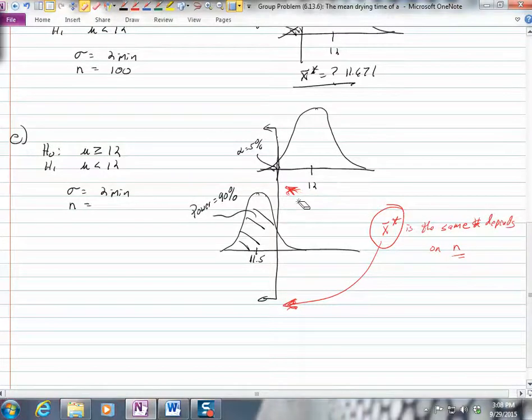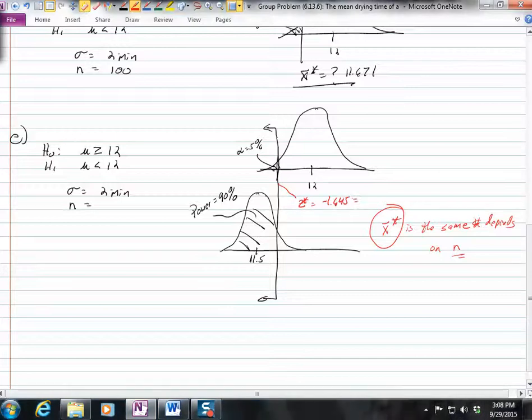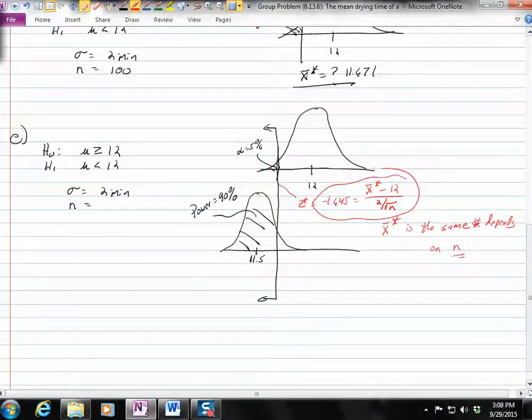So we don't know what that is, and we don't know what n is. But here we could get a z star of minus 1.645. And then write that equation. So there's one equation using this distribution here.